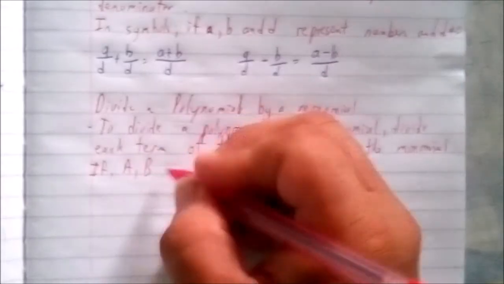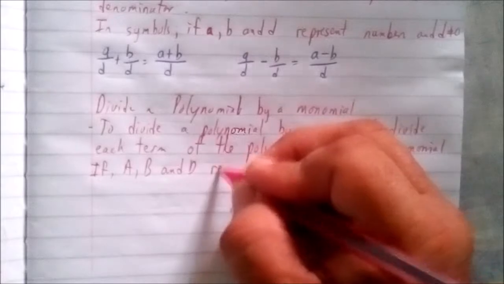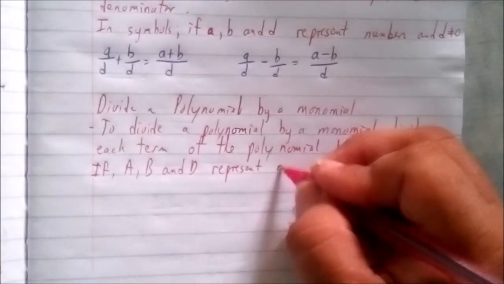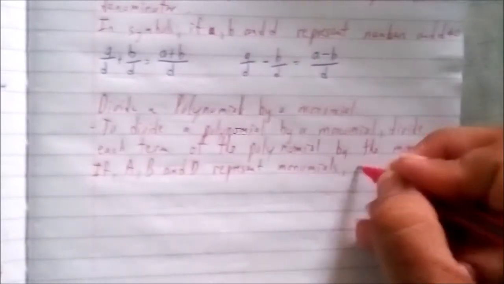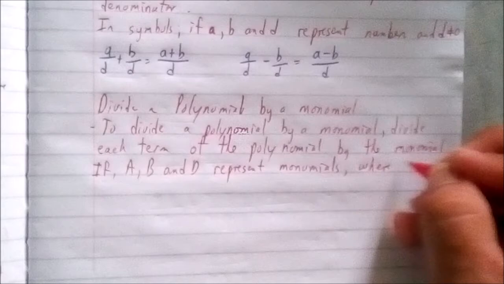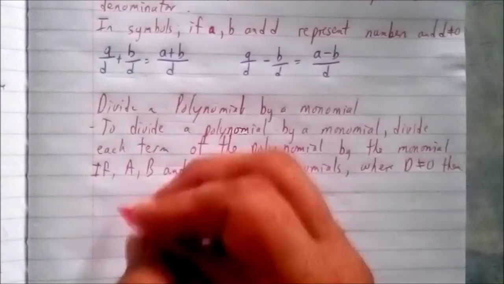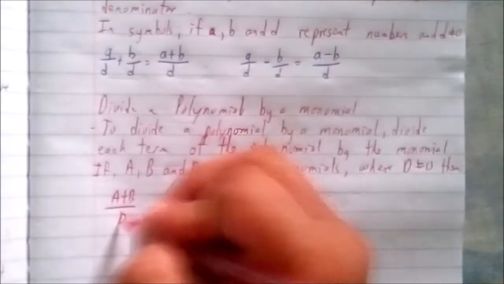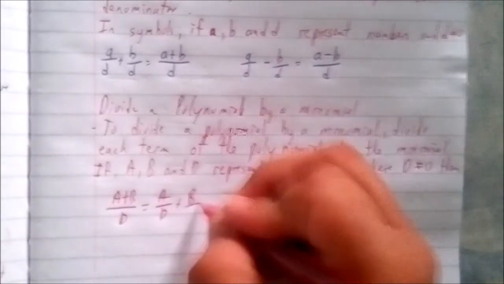Consider, for example, if a, b and d represent monomials where d is not equal to 0, then a plus b over d is a over d plus b over d.